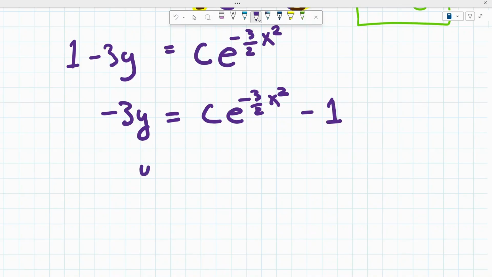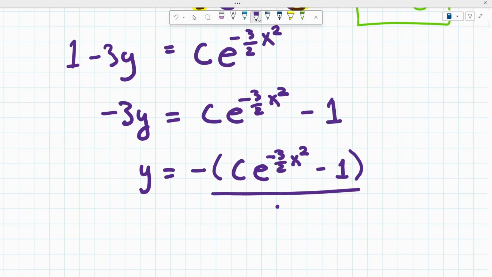So we end up with y equals negative c e to the power of negative 3 over 2 x squared minus 1, all over 3. And that is our final answer.